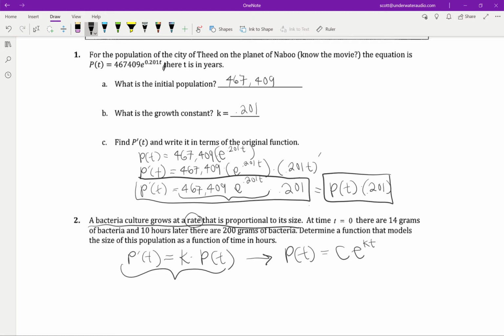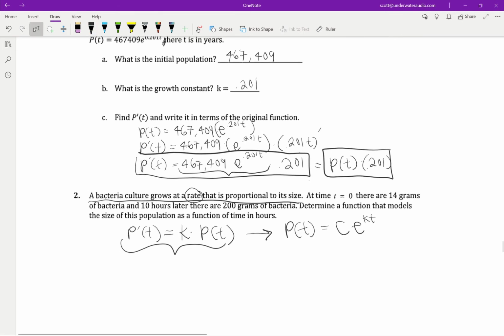And it says at time t equals 0, there are 14 grams. So that gets me a little farther. That tells me that the C value is 14. And it also says that at 10 hours, there are 200 grams of bacteria.